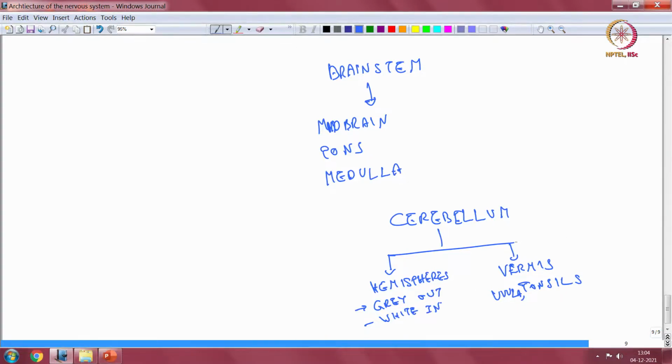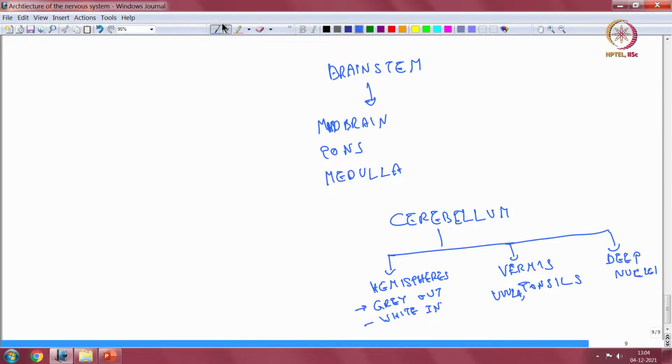Then there are also deep nuclei: dentate, emboliform, fastigial. Not relevant. I think even I am not able to get those things, so I am not burdening you with additional stuff.